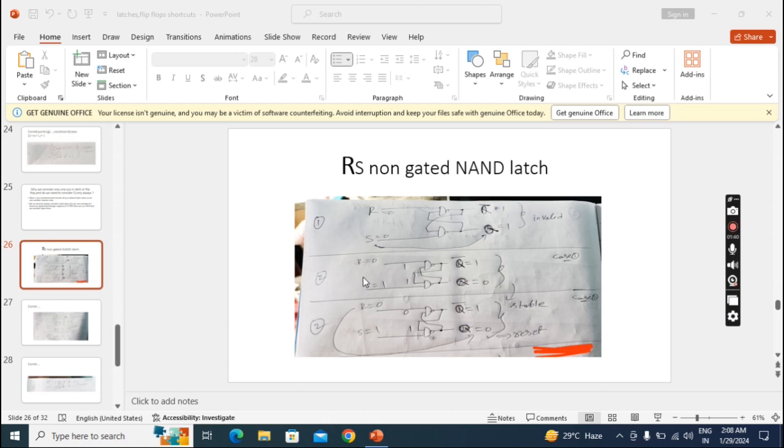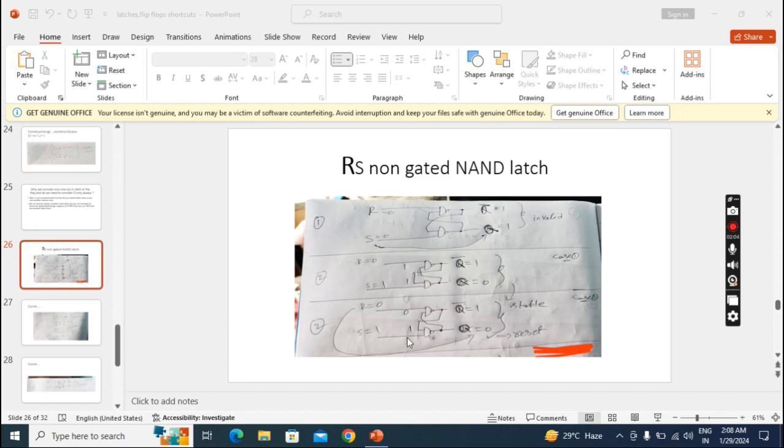Now, second condition, first case: here I am giving R 0, S 1. I will take the first condition output as feedback, then I will get Q bar 1, Q 0. Then to know the stable output, again I will apply S 0, R 1 and feed back the case 1 outputs, then I am getting a stable output.